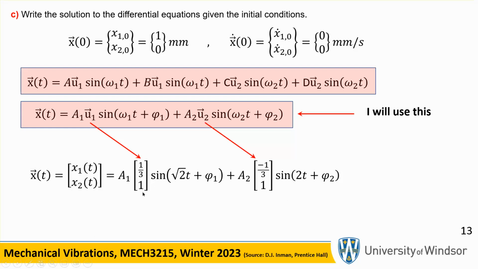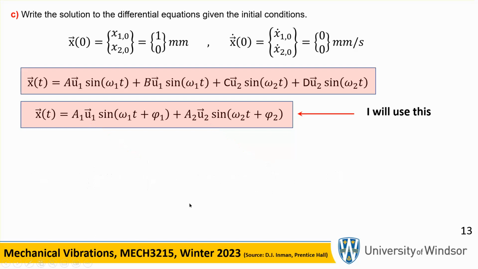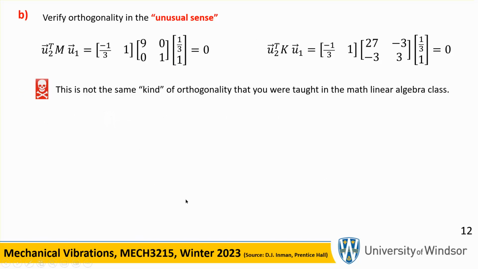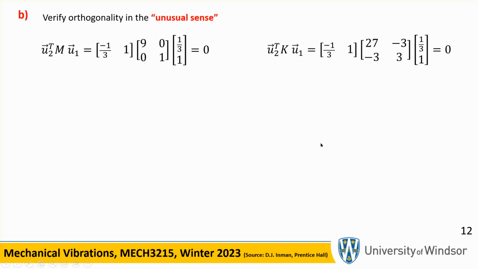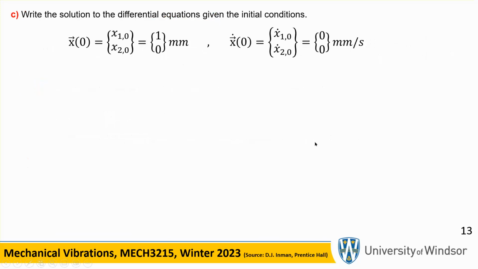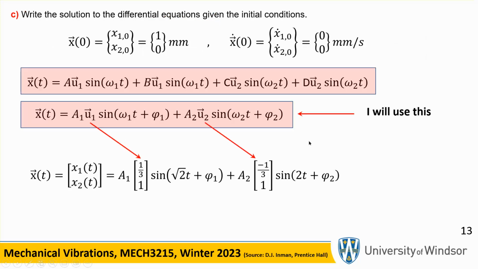I'm sorry, I have to back up. 1/3 and 1 went with root 2, and minus 1/3 and 1 went with 2. I'm really sorry about this.